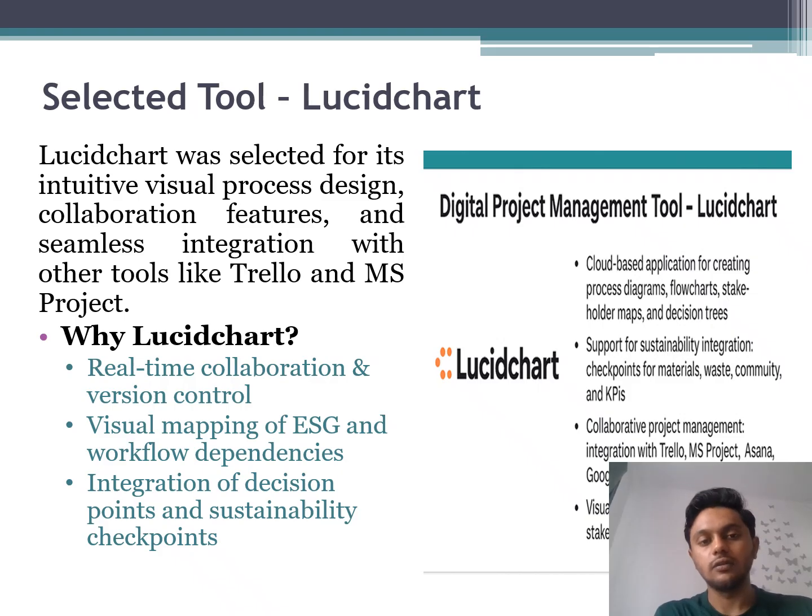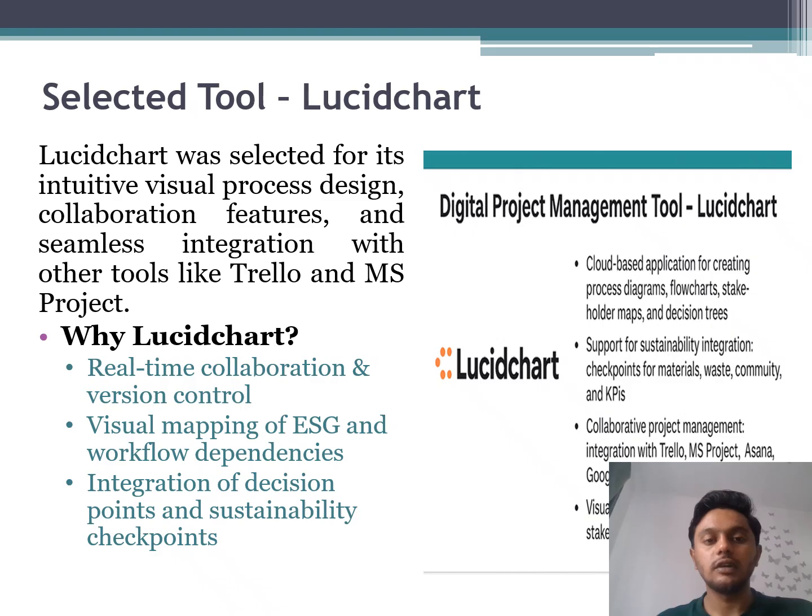Now let's talk about which tools I have used for the process map and the stakeholder integrations. I have used Lucidchart because, as per my experience, I think it is very flexible to use.